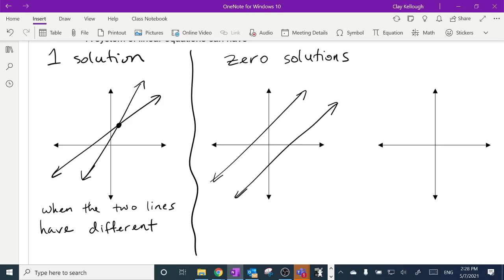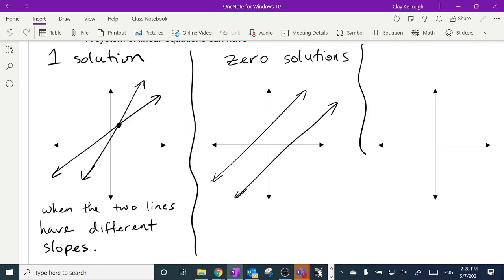What has to be different about them for them to meet somewhere? Ooh, I thought that was an easy question. I got you stumped. Guys at home want to play? Finish my sentence. You will get one solution. The lines will meet somewhere. That's the word I'm looking for. They have different slopes. As long as their slopes are different, they have to meet someplace.